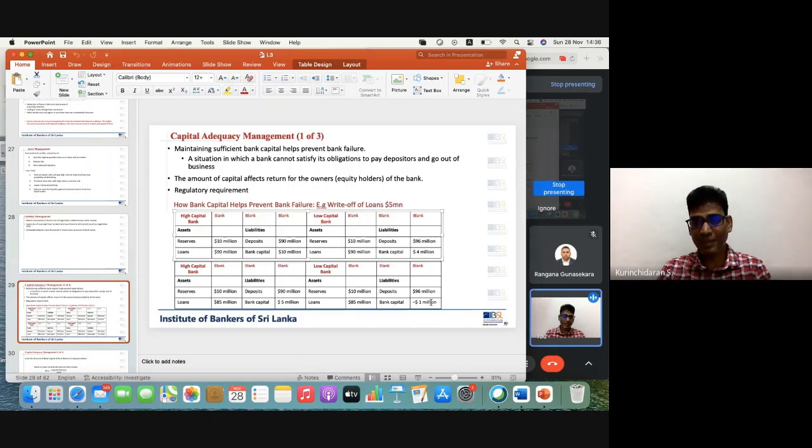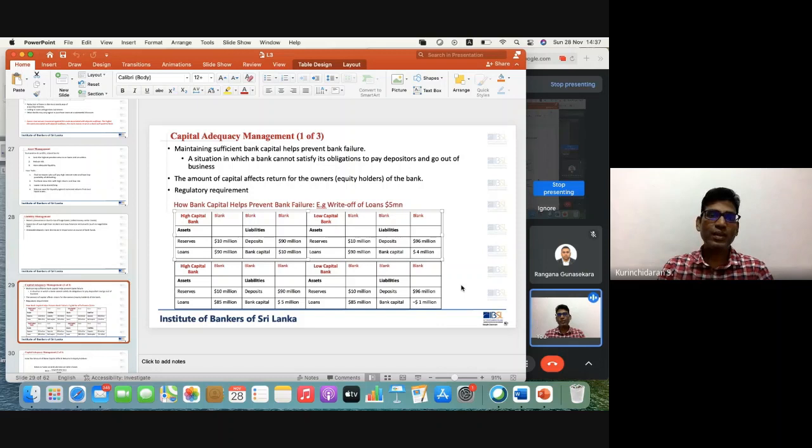But if it is a private bank running with negative capital, nobody will do business. You may think normal customers don't worry about negative or positive capital, and I agree with you to some extent, but investors who are going to invest in your bank definitely are not going to invest. If you don't get investment from outside, it's very difficult to grow your bank.